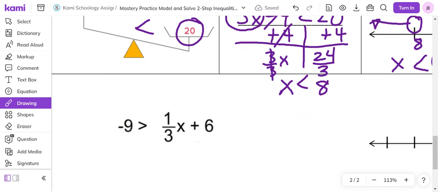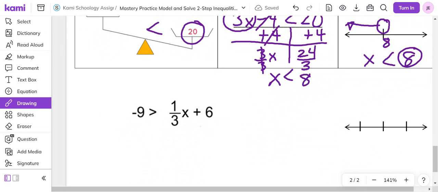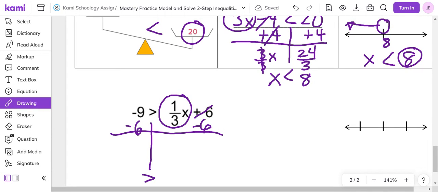All right, in the last example down below, we have a fraction with the variable term being on the right side. So we're going to circle where the variable term is, and we're going to start solving on that side. So the opposite of adding 6 is subtracting 6. We're going to bring down 1/3 x, and we have -9 and -6 for a total of -15.